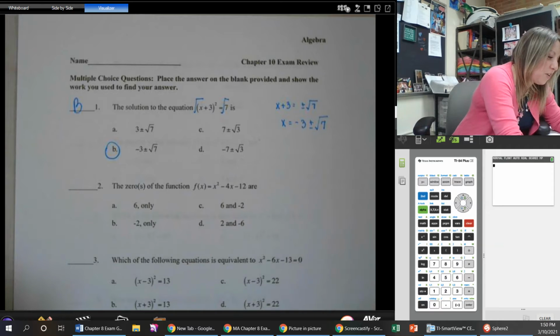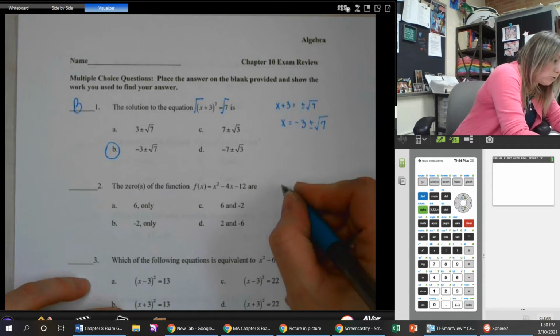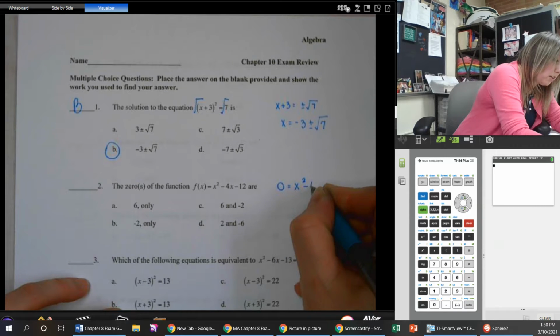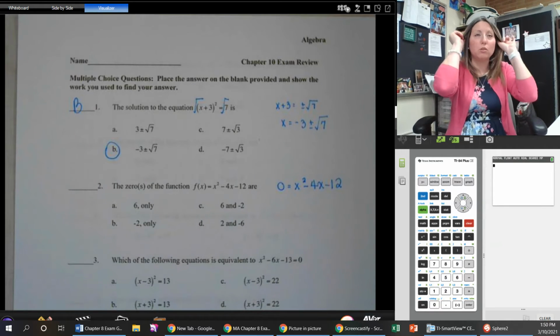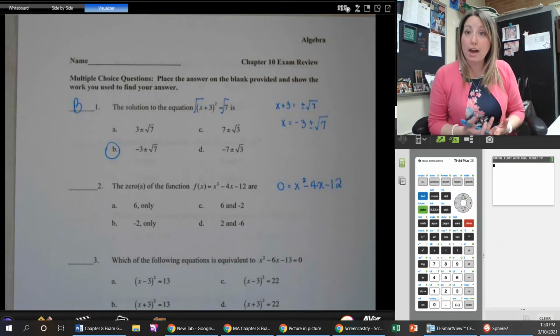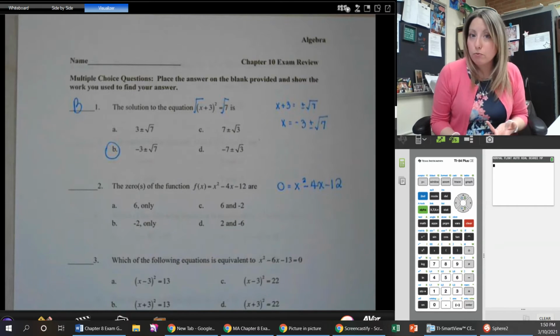The zeros of the function are, okay, that just means replace f of x with 0. And now we've got 0 equals x squared minus 4x minus 12. Now, in this chapter, we now have 3 methods to solve quadratic equations at our disposal. We can solve by factoring, we can solve by completing the square, we can solve by quadratic formula.